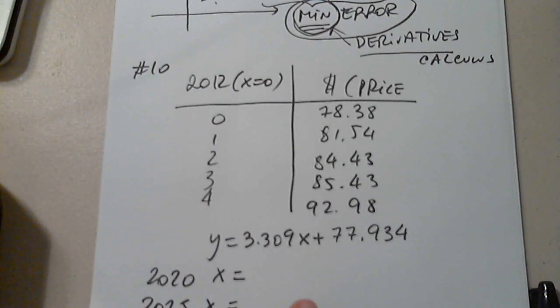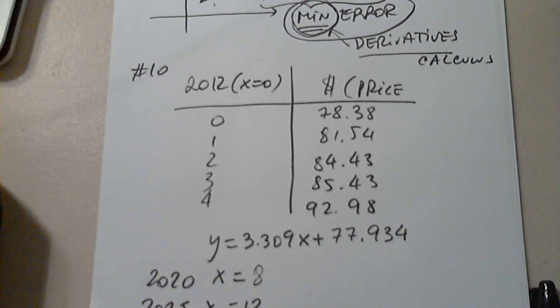So X for 2020 is? Is anyone with me? 8. Yes. And for the other one? 13. Yes. All I need to do is go back to the calculator, go back to the second and table, and plug in 8 and 13. If you want to keep whatever you have in there, fine, but I don't care, I just need the numbers.